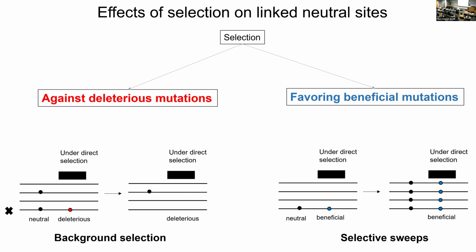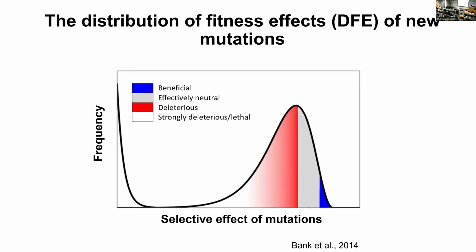This behavior for deleterious mutations is called background selection, and for beneficial mutations it's called selective sweeps. Now it turns out that most new mutations that occur in selected regions are actually deleterious. This is what we currently understand.